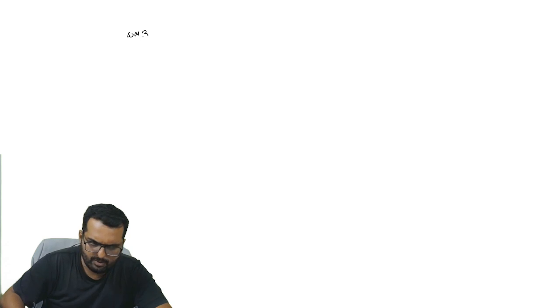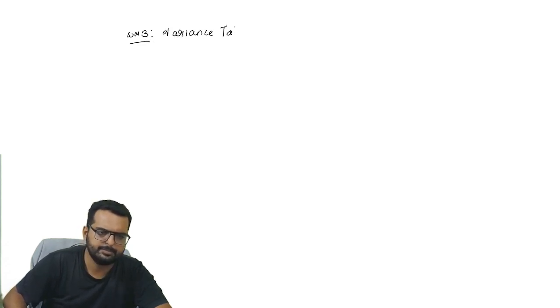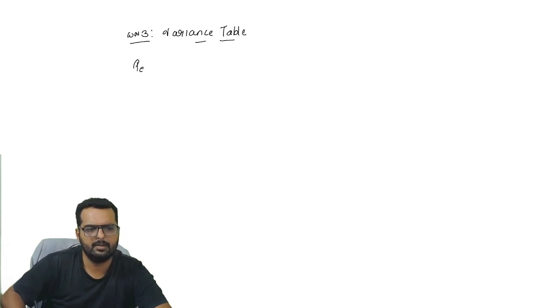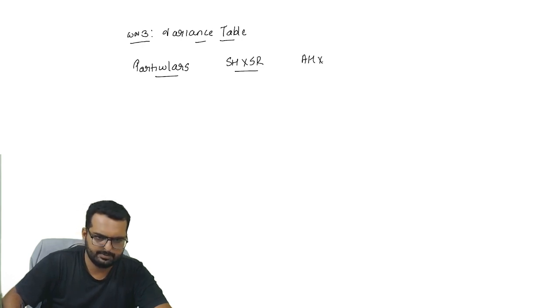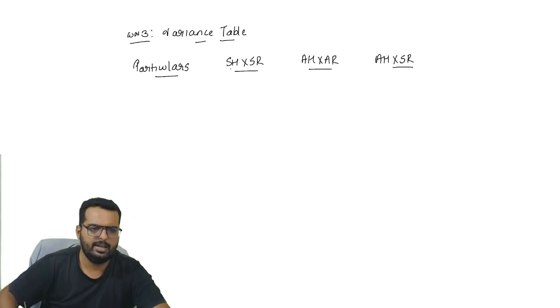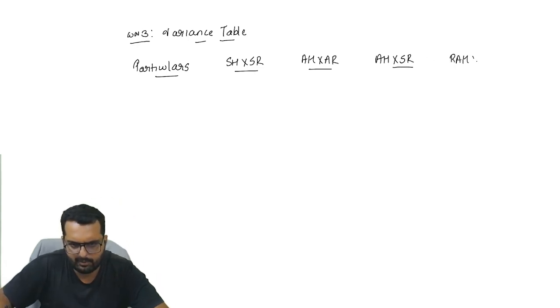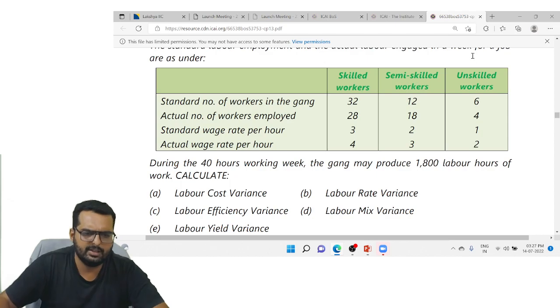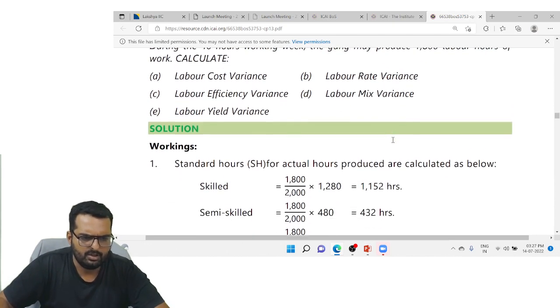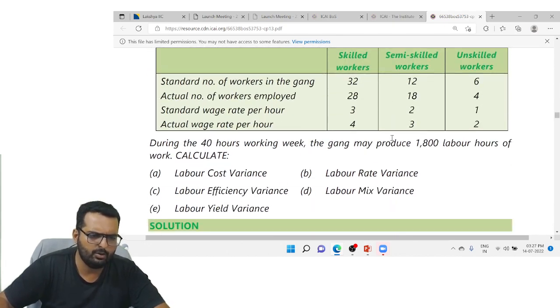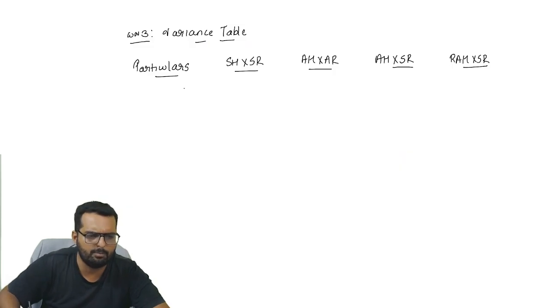Now I'll write down, this will be the variance table. Particulars: SH into SR, AH into AR, AH into SR, and what will be the last one? RAH into SR. Here, have they given anything about idle time? No, right? So if idle time is not given, we don't need to make our table complicated.